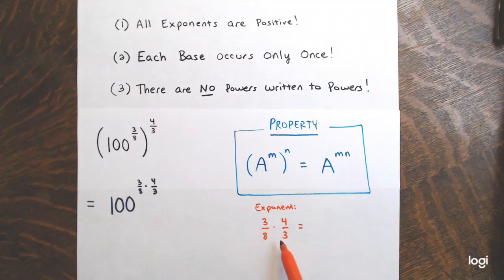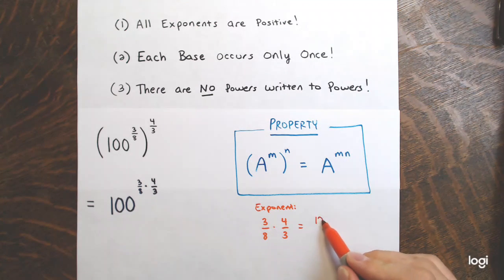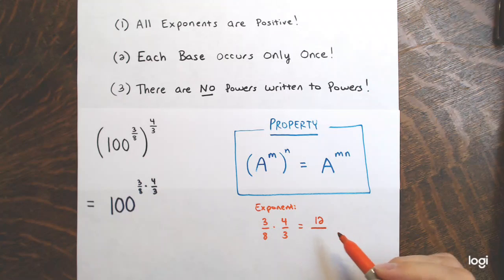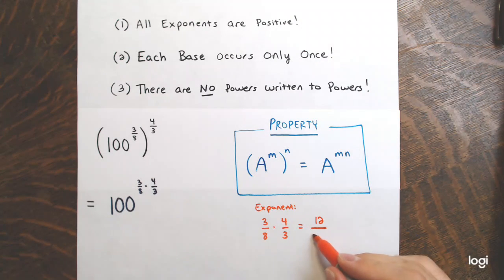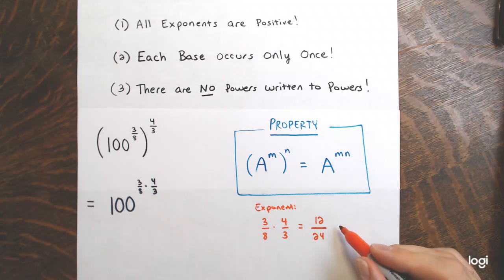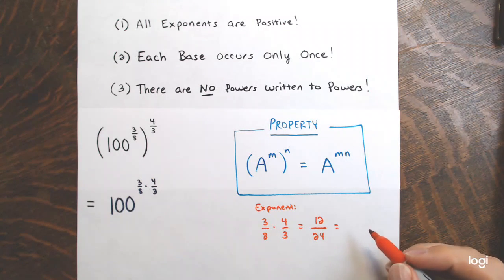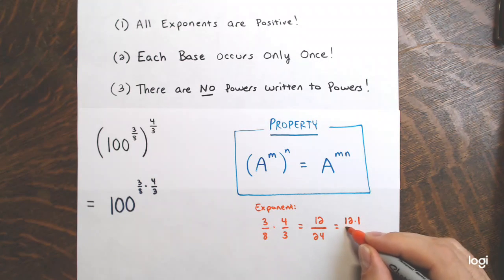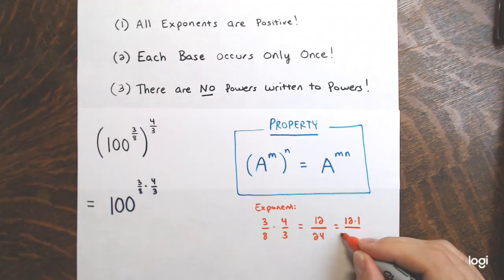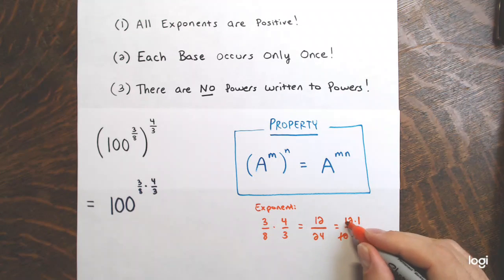When you multiply fractions, you simply multiply the numerators. 3 times 4, the new numerator is 12. And multiply the denominators. 8 times 3 is 24. And then simplify by dividing out common factors. 12 is 12 times 1. 24 is 12 times 2. And then you have this common factor of 12.